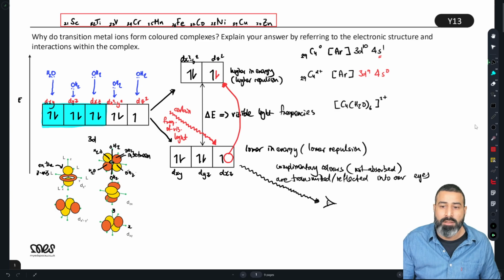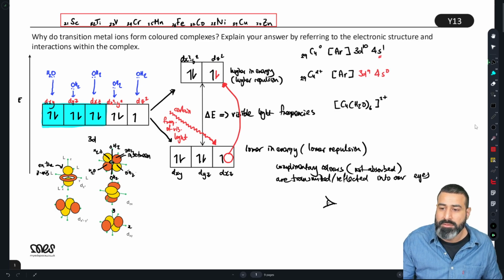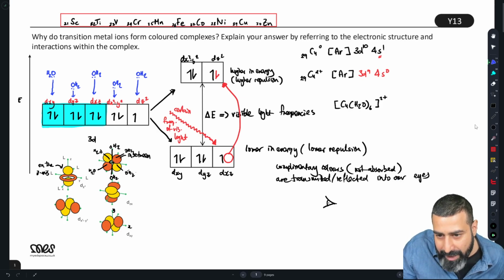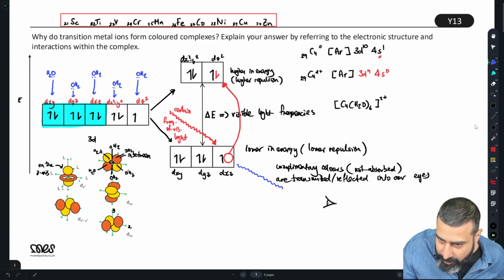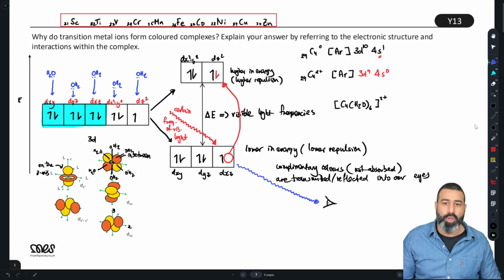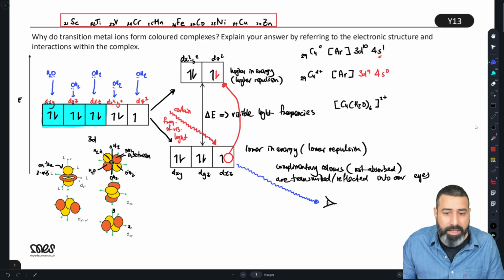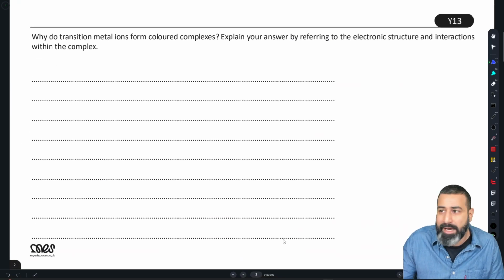And actually, I should have done, for copper 2+, what color should I have used? I should have used blue or cyan. That is the color that we see because copper 2+ complexes are characteristically blue. So they absorb reddish yellow. The complementary colors that aren't absorbed are transmitted or reflected into our eyes. Okay, so let's put all of that into practice.